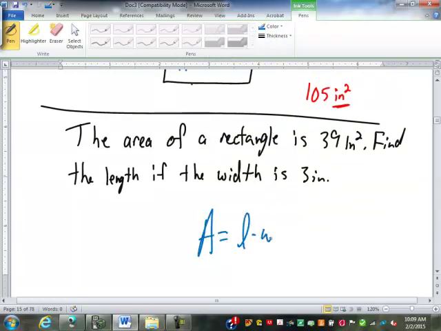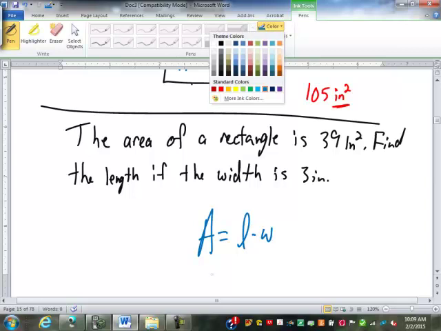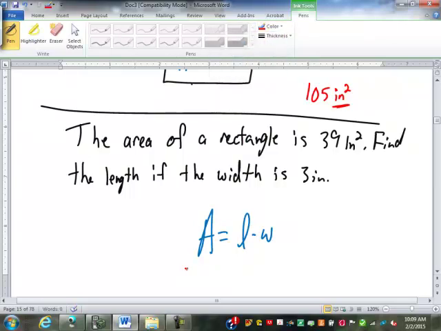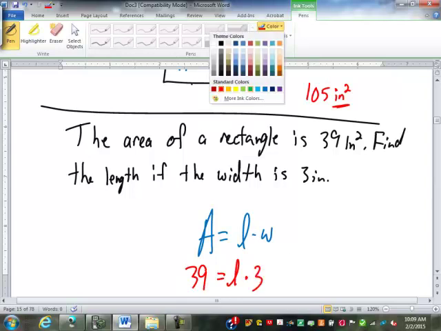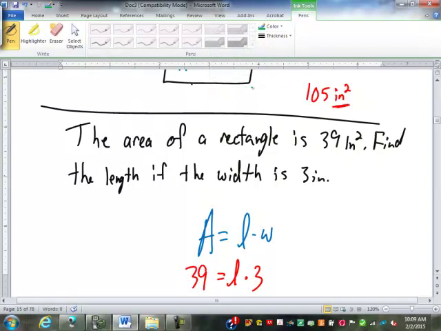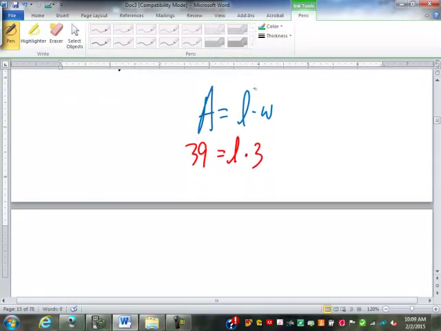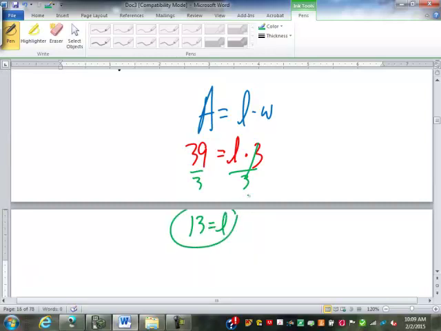Area is length times width. We know that the area is 39. The length is what we're looking for. The width is 3. So put 3 in for W. How do we solve that equation? 39 divided by 3. 13 equals the length. So the length is 13 inches. You gotta make sure you put the units in.